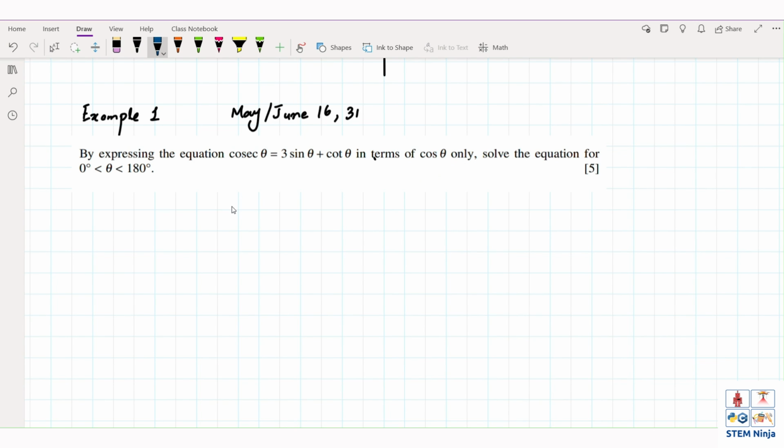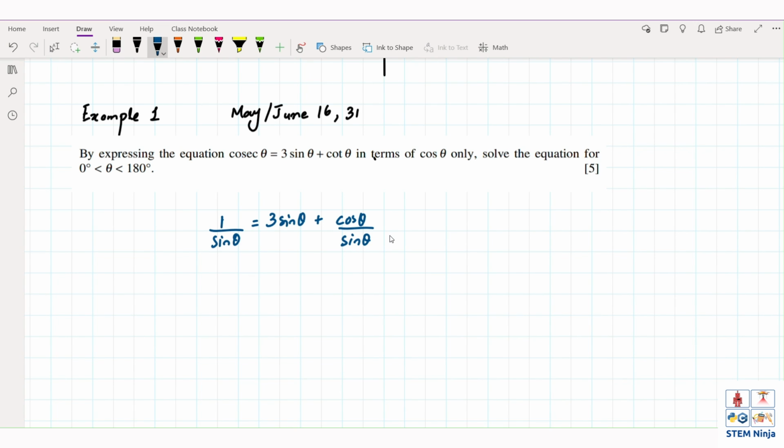This is straightforward. Cosecant theta is 1 over sine theta, 3 sine theta is already there, plus cot theta is cosine theta over sine theta.